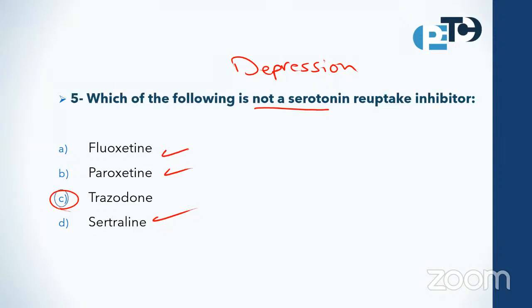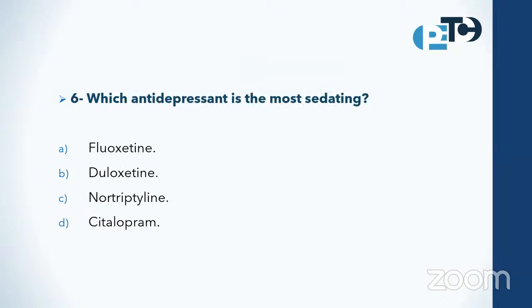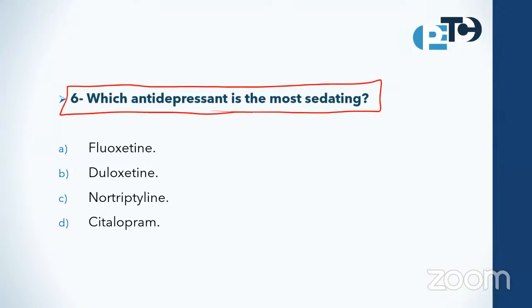Another question related to the SSRIs: which antidepressant is most sedating? Not SSRI specifically, but antidepressant drugs in general. Which is most sedating? Fluoxetine, duloxetine, nortriptyline, or citalopram. We have some groups called activating and some groups called sedating.